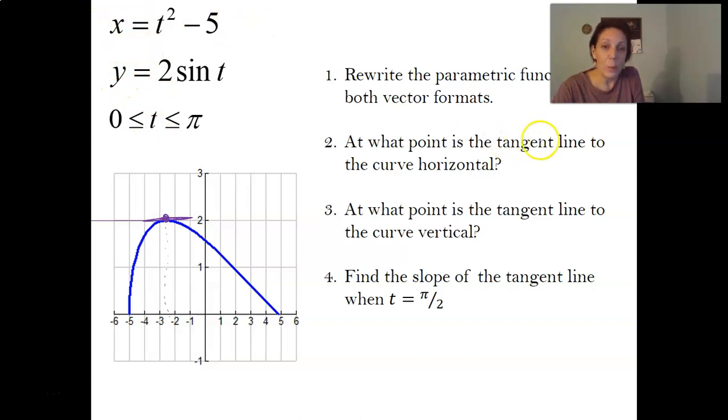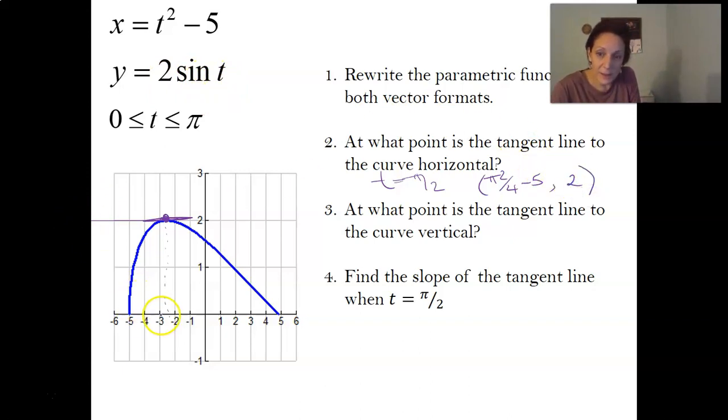So if I want the point, I know that's when t is pi over 2. So I need to put pi over 2 into here. So my x-coordinate is going to be pi squared over 4 minus 5. And my y-coordinate is going to be 2 sine of pi over 2, also known as 2.